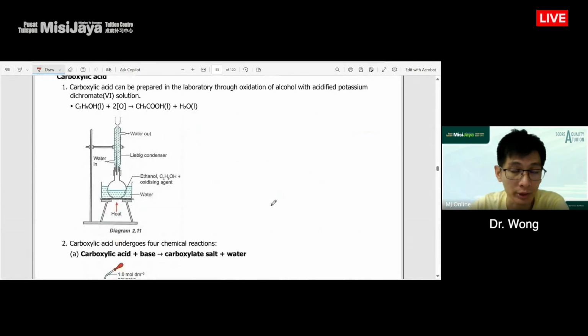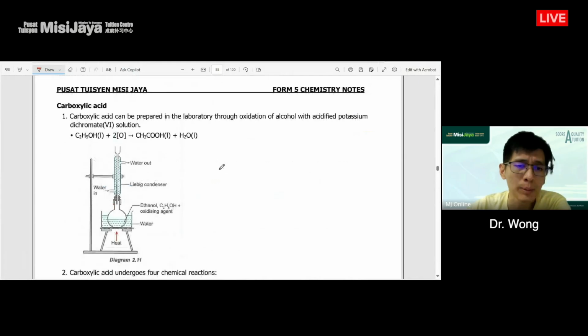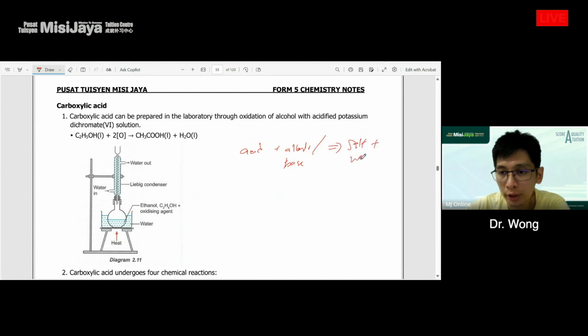Okay, important reactions. So what about carboxylic acid? When we talk about carboxylic acid, it is a type of acid. It has all the acid properties. Okay, so when acid is mixed with alkali or base, it will form salt plus water.